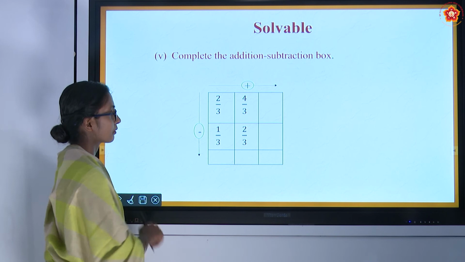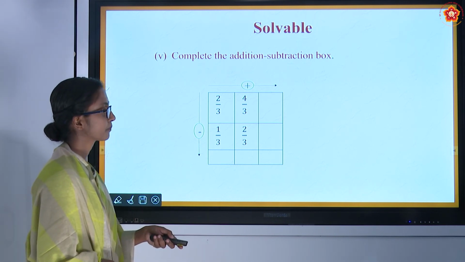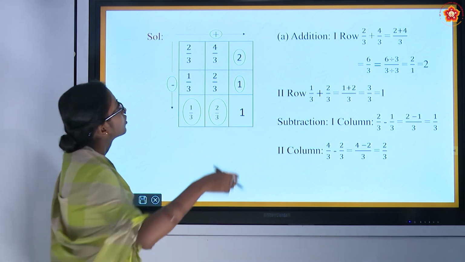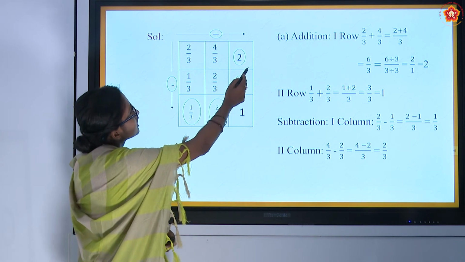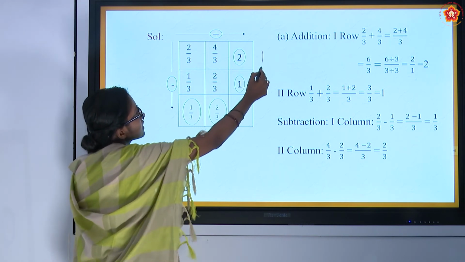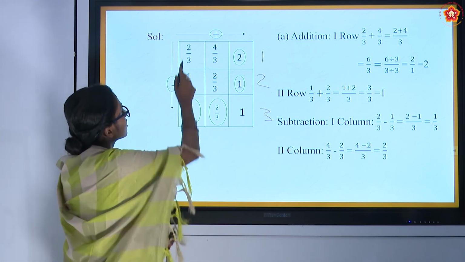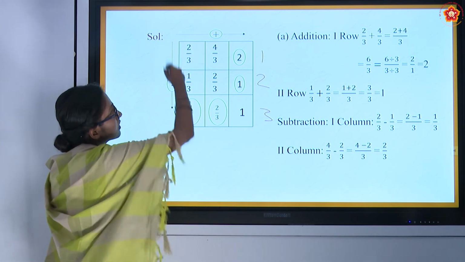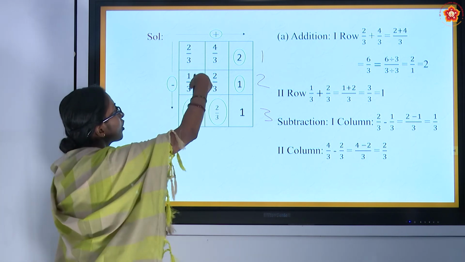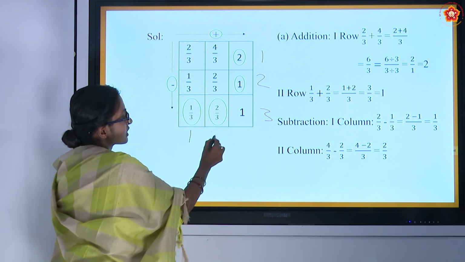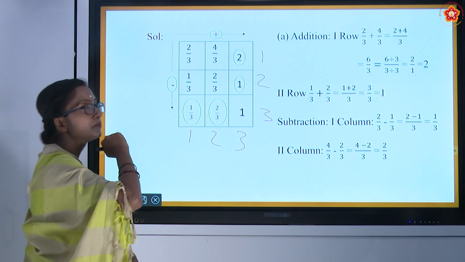Let's see. Let's consider the first row. This is the first row, this is second and this is third. Column is vertical. We consider columns vertically: first column, second column, third column.